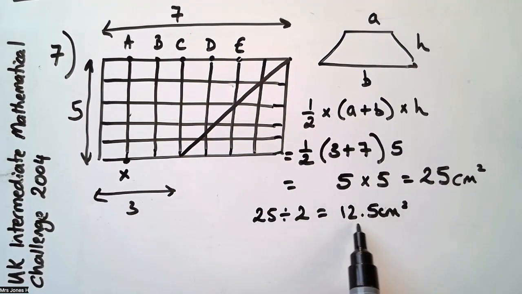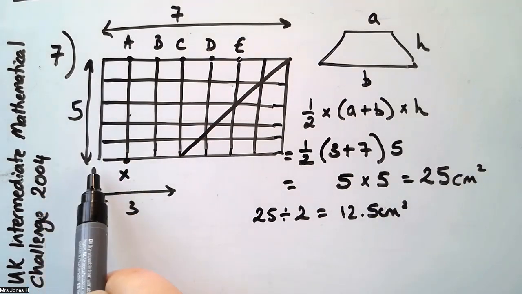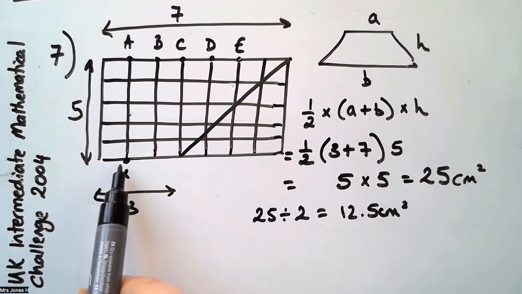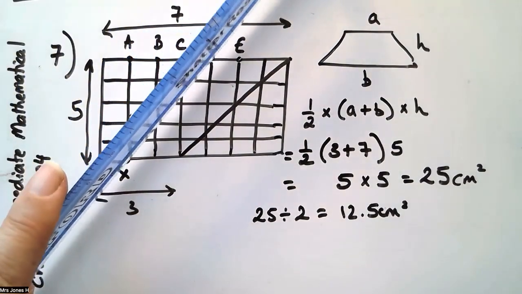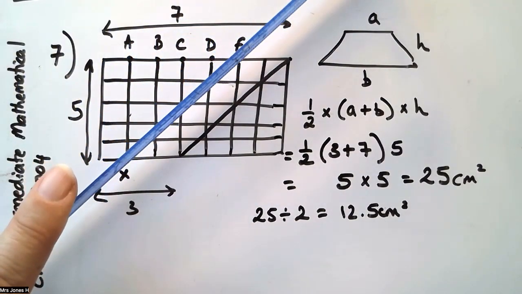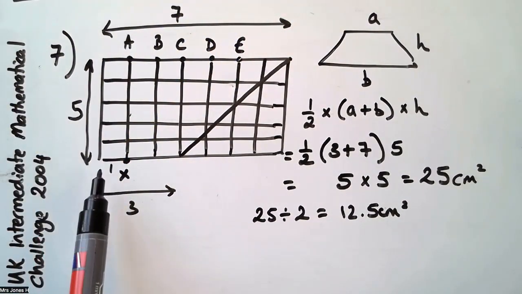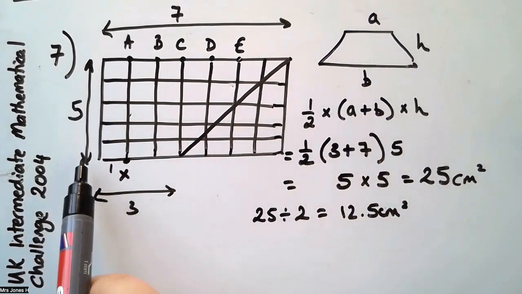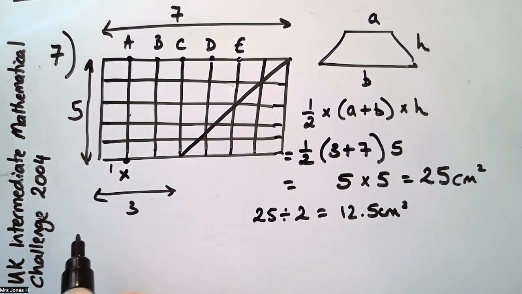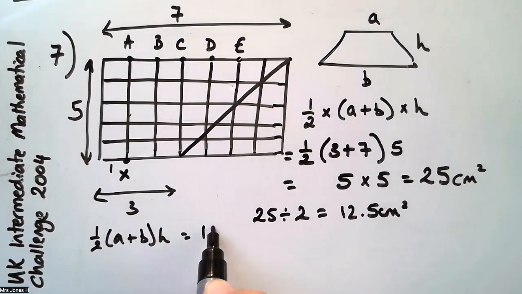If we know that's what we're looking for, and we know that the height of the trapezium is always going to be the same, and we know this distance is always going to be the same, because no matter where we chop this, we're always going through that X. So we know that this length here, so B or A, whichever you want to choose, is 1, and the height still remains at 5. So if I substitute, we know that this formula here is going to be 12.5.